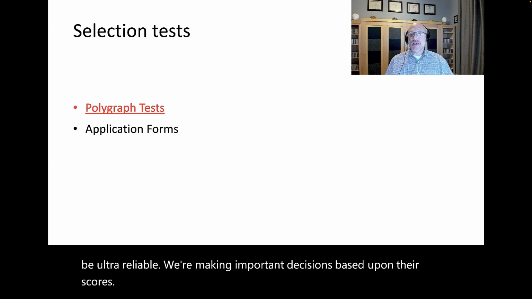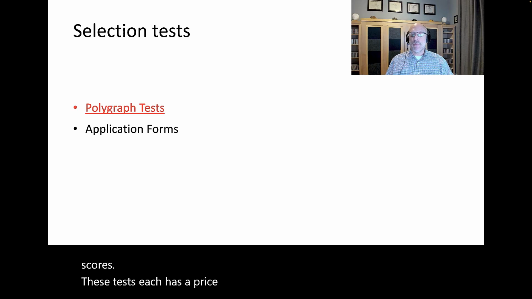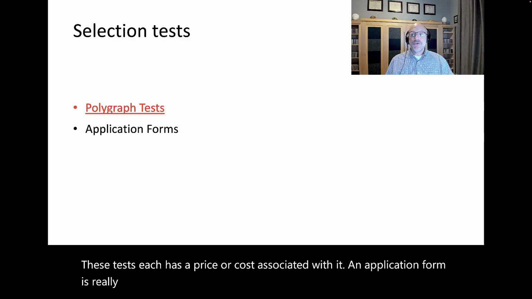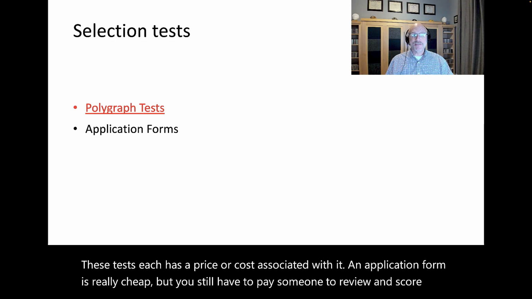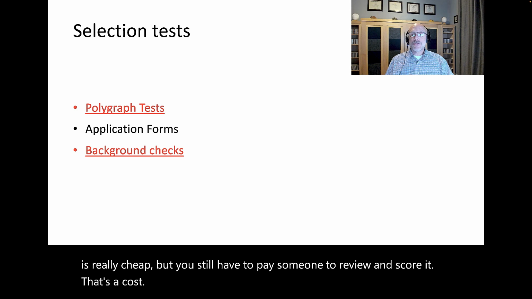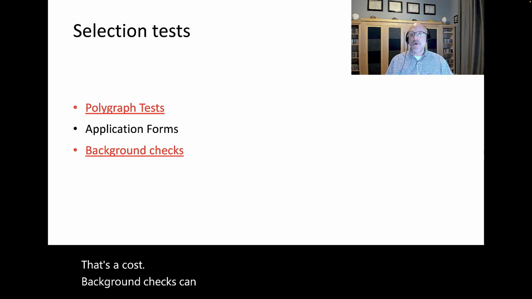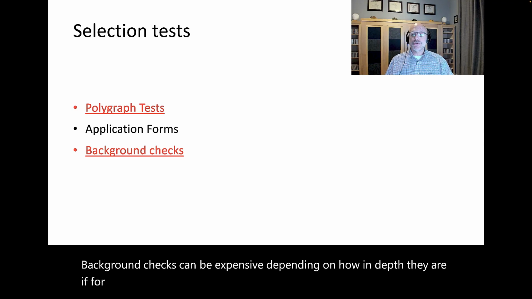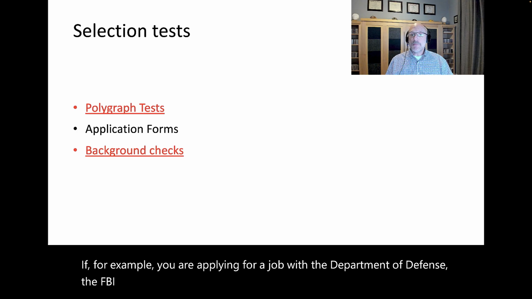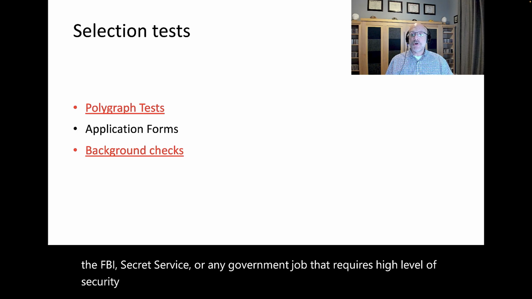These tests each have a price or a cost associated with them. An application form is really cheap, but you still have to pay someone to review and score it. That's a cost. Background checks can be expensive depending on how in-depth they are. If, for example, you are applying for a job with the Department of Defense, the FBI, Secret Service, or any government job that requires a high level of security clearance, they will send someone to interview all of your professors.